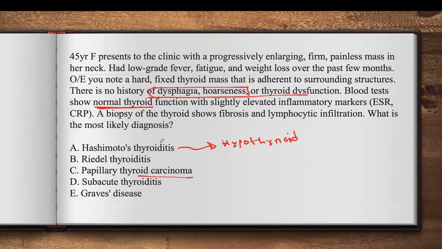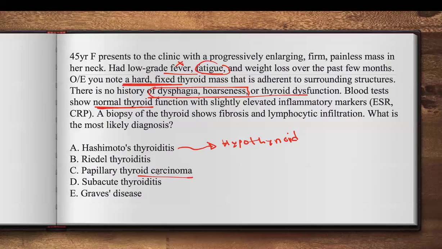And Hashimoto's doesn't come with fibrosis. It doesn't give fever. Fatigue can be there, but fever is not an option. And it doesn't come as a hard and fixed mass. It usually comes as a goiter, which is smooth and maybe a bit firm, but not hard and fixed.